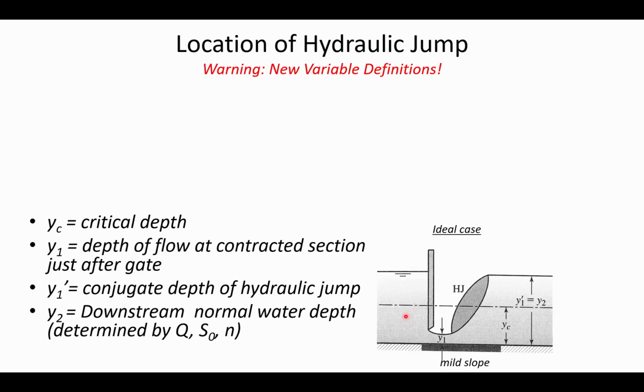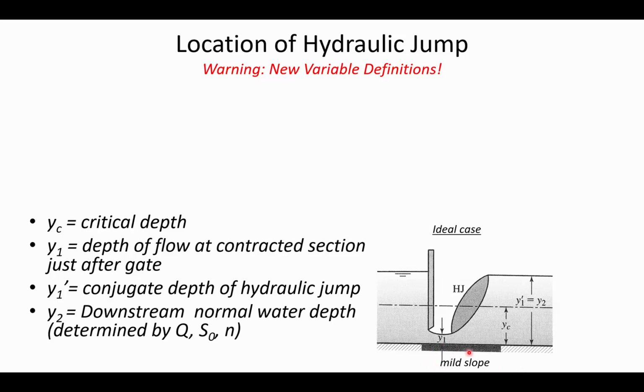There's enough energy there that it's pushing the water under the gate at a really high velocity because of the pressure at that depth. So the water is pushed under the gate with a high velocity but a low depth, and it can't support supercritical conditions on this mild slope.